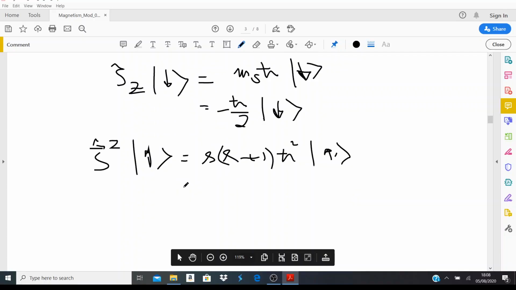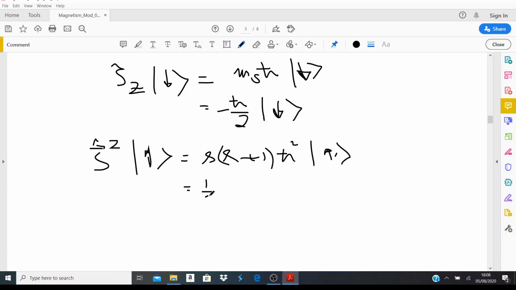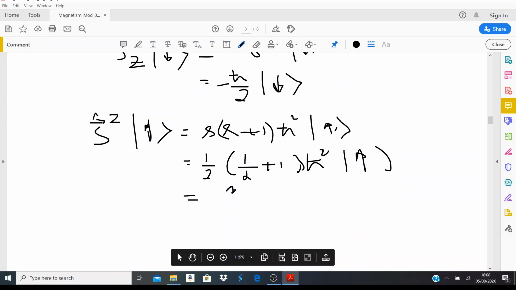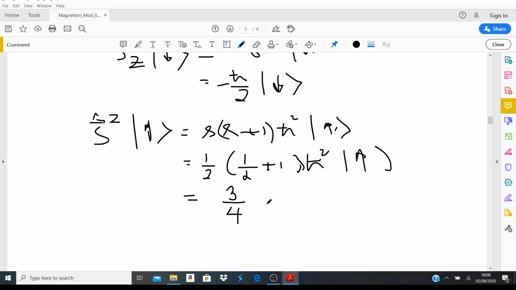Always half. So you can see that we have half times (half plus 1) h bar square, and then the state up. So what's that? We have 3 by 2 times a half, which is 3 by 4. So we have 3 by 4 h bar square on up, right?